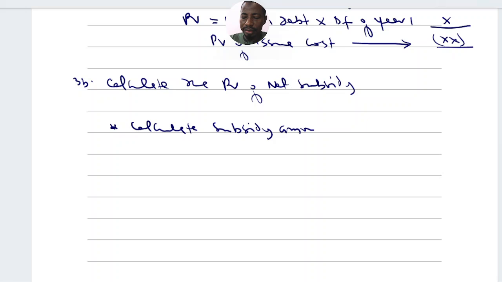Subsidy amount, SA. How do you calculate subsidy amount? SA equal to the gross finance required multiplied by the proportion of subsidy.